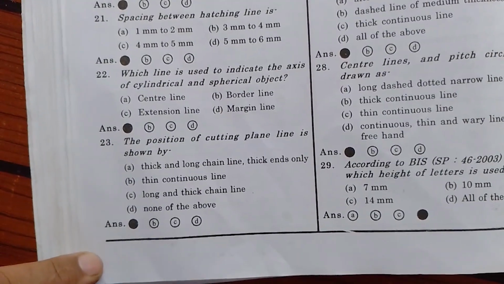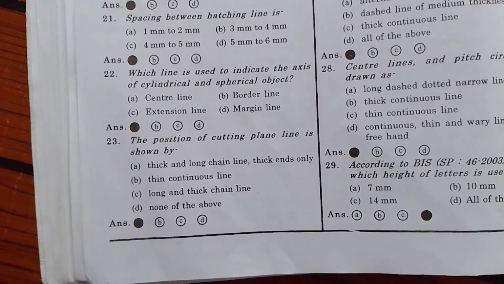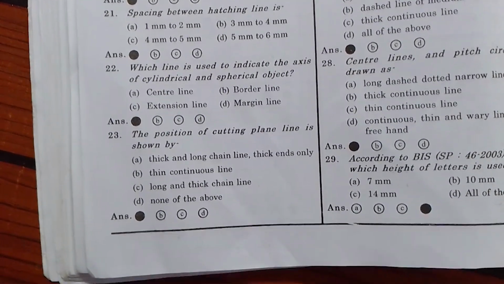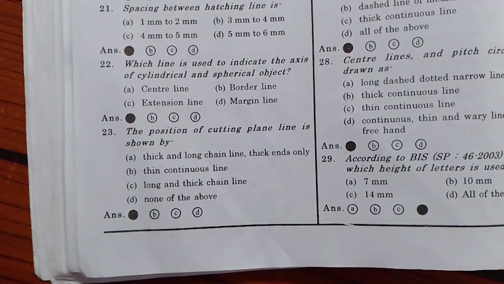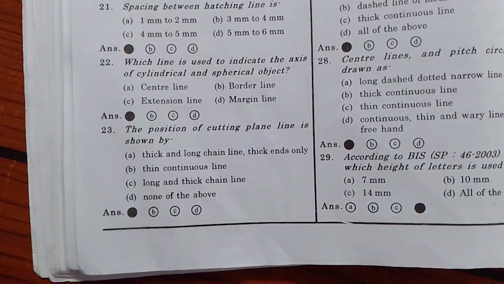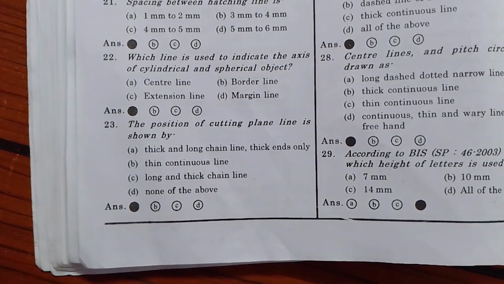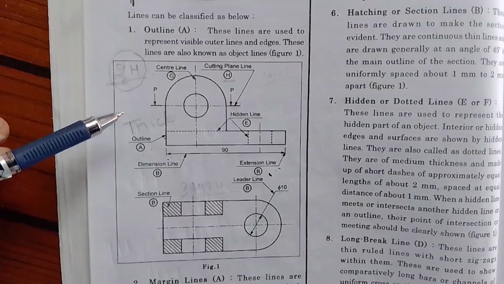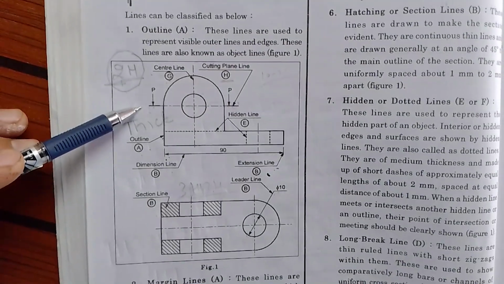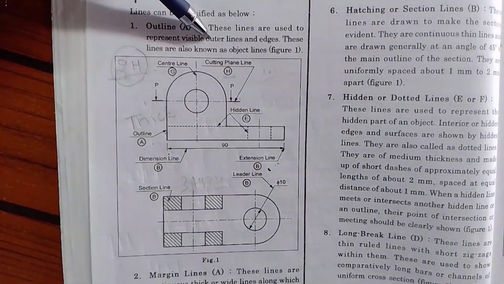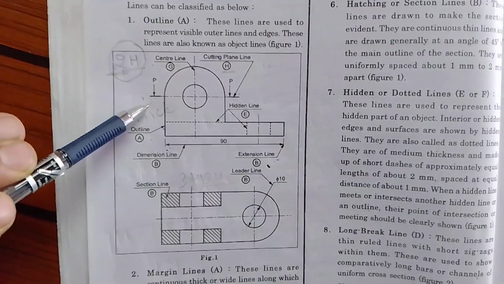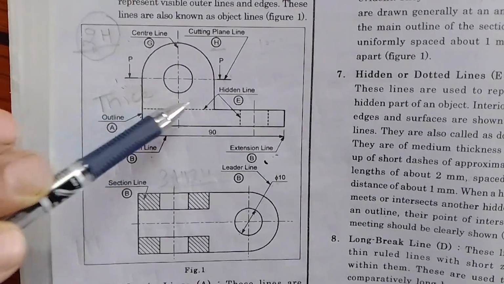Question number 23. The position of the cutting plane line is shown by thick and long chain, thin, thick ends only. This is our cutting plane line. It is thick at the end: thick, thin, thick. This is the convention of this line.